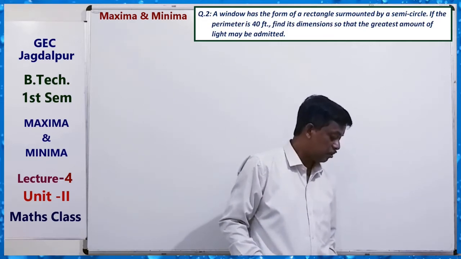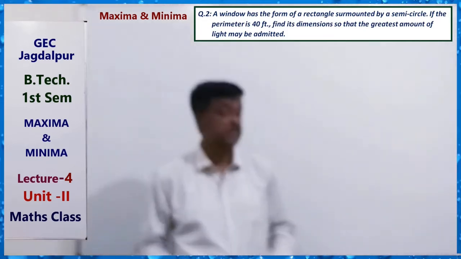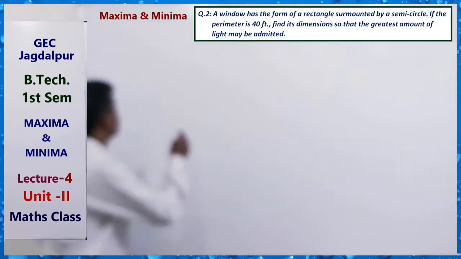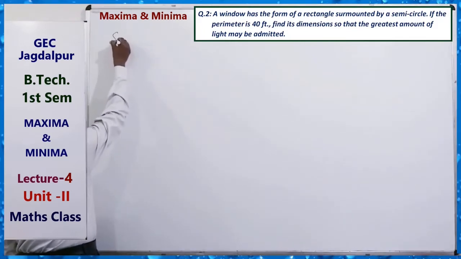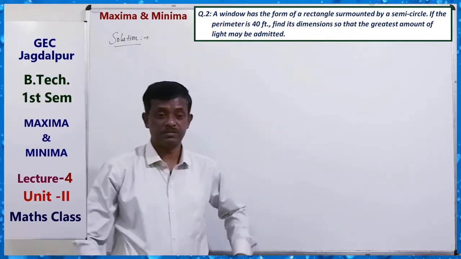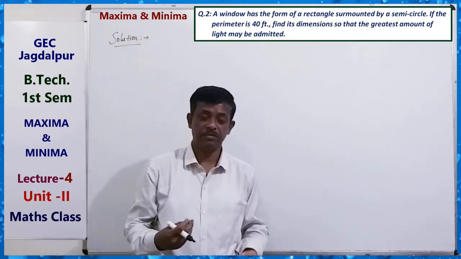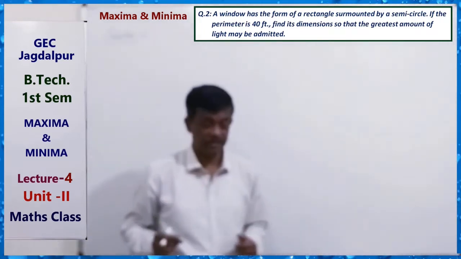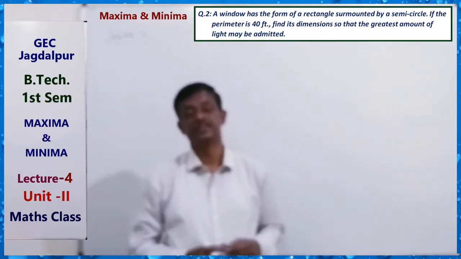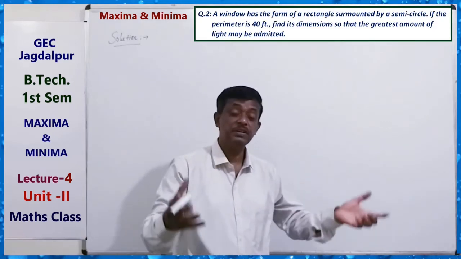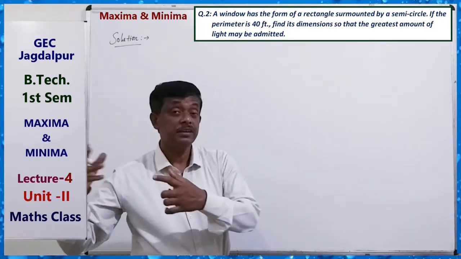Greatest amount of light may be admitted means area should be greatest, because light will come from the window, so the greatest amount of light means area should be greatest. Okay, so area may be maximum for that dimension.